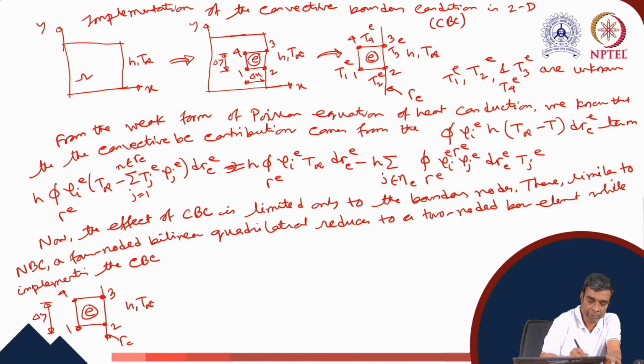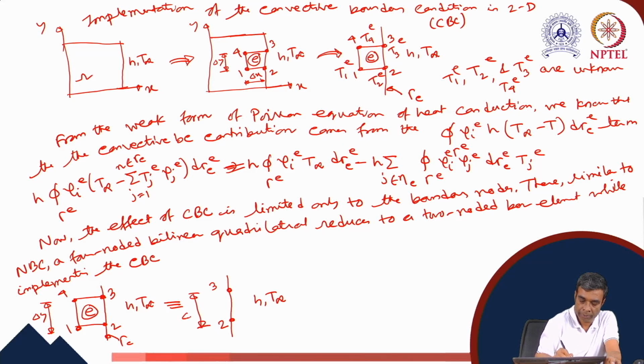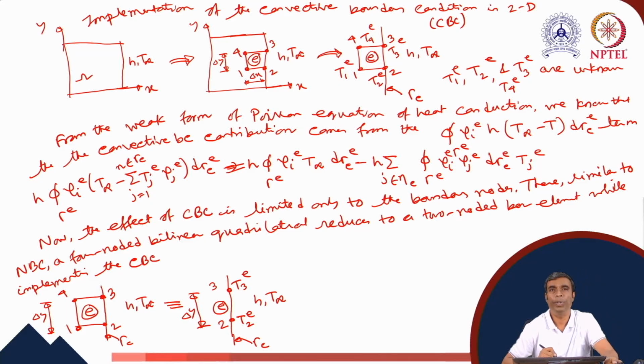So this is the original element, of size delta y. This reduces to a two-noded bar element, local nodes 2, 3, h, T infinity. This dimension is delta y. This is gamma c. This is T2e and this is T3e. This is element E. T2e and T3e are the unknown temperatures. Now we go back to the integrand expression.